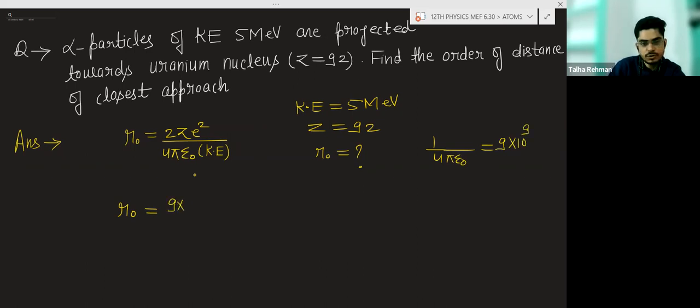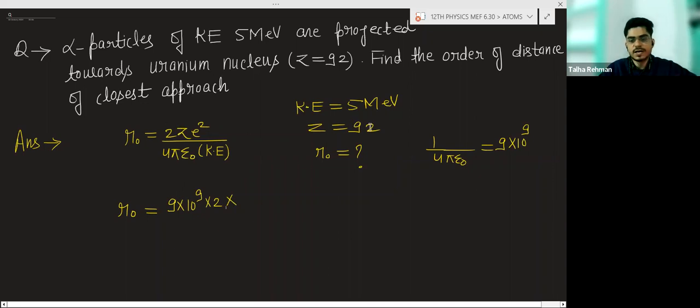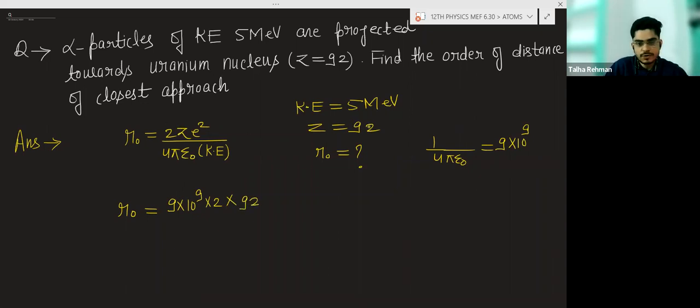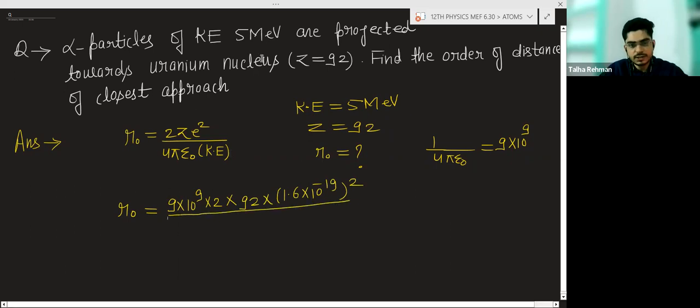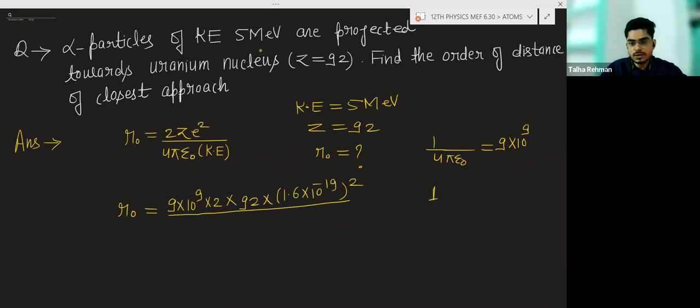After that this is 2, so multiply it with 2. After that this is Z, whose value is 92. After that E square, where E is 1.6 into 10 to the power minus 19, squared, divided by the kinetic energy. Kinetic energy is 5 mega electron volt.